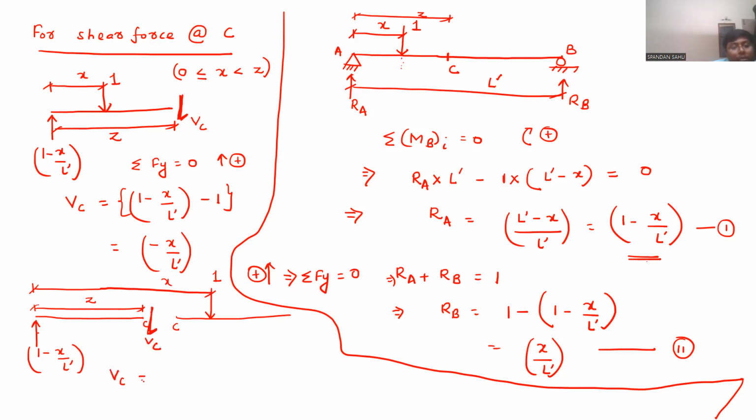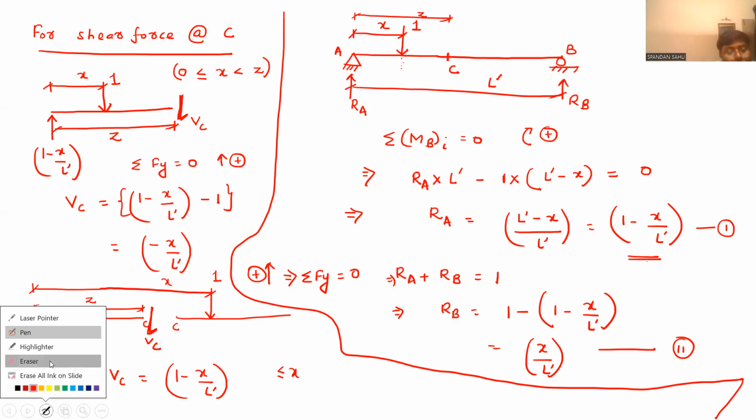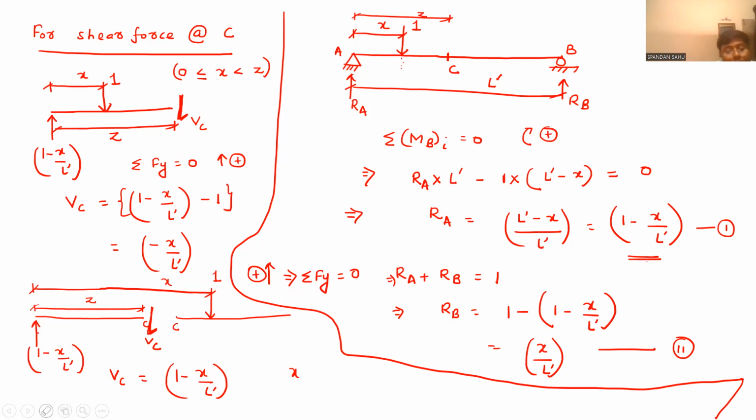Here, what will you get for VC? This VC will be equal to this upward force 1 minus x by L prime. And here, x will vary from Z to L prime.